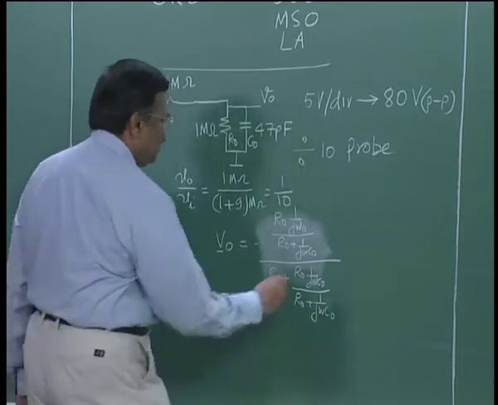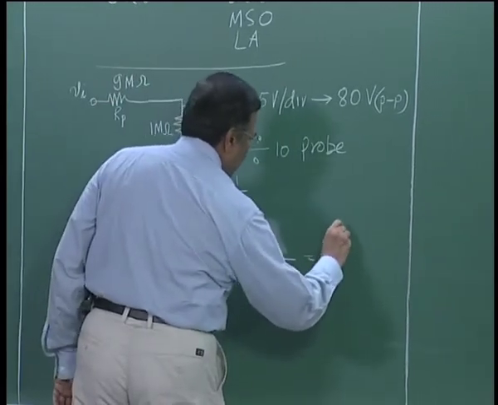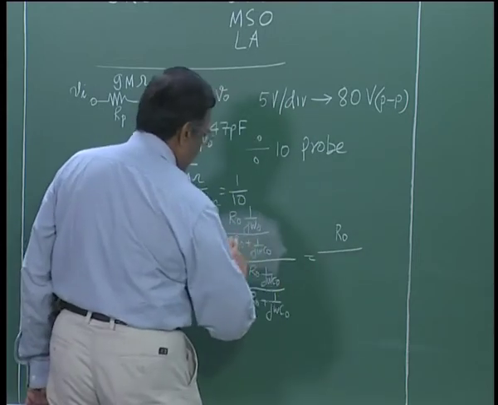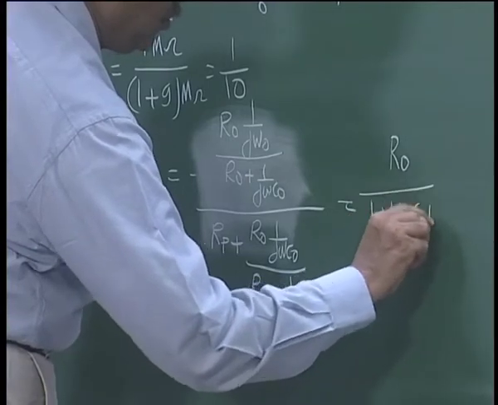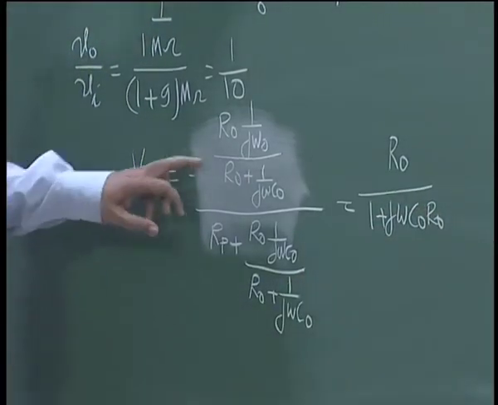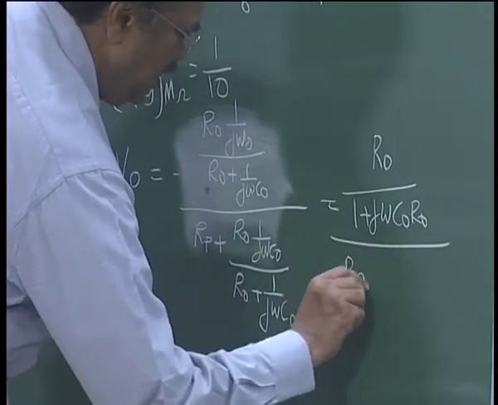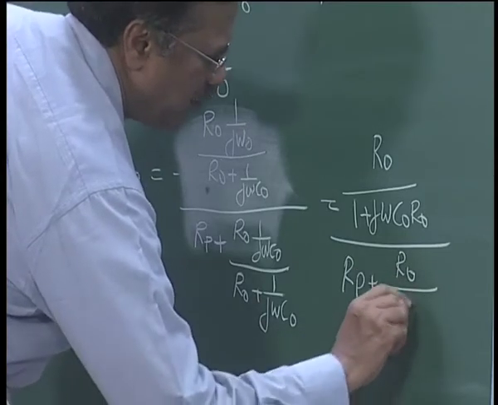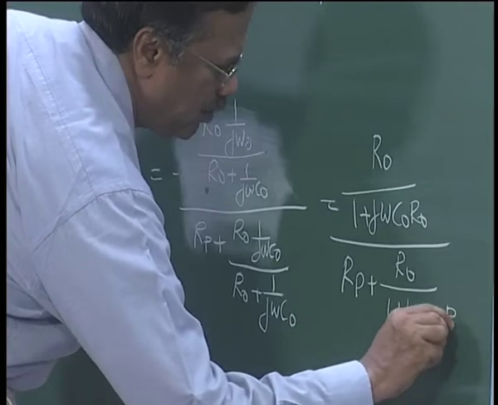If I bring this here, this would be R naught divided by 1 plus j omega C naught R naught, divided by Rp plus R naught divided by 1 plus j omega C naught R naught.